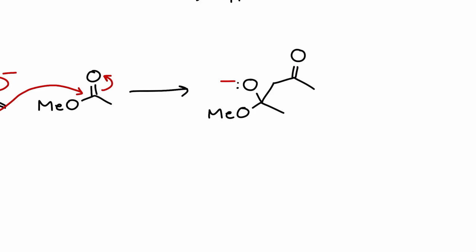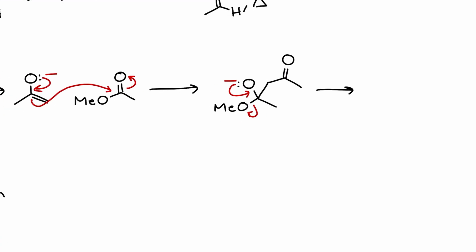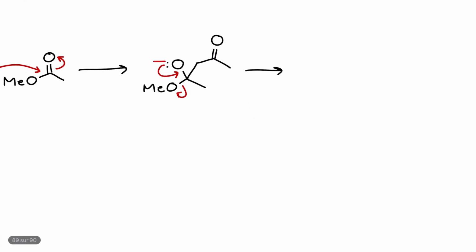But instead of water or an amine as your nucleophile, you have an enolate as a nucleophile. So the C=O double bond will reform, kicking out the methoxide. So it's going to be this product.